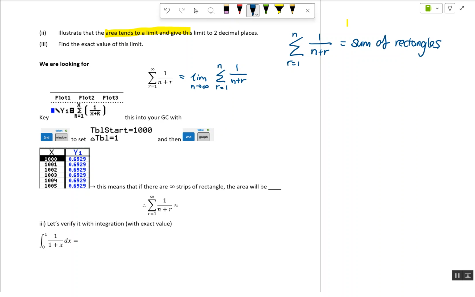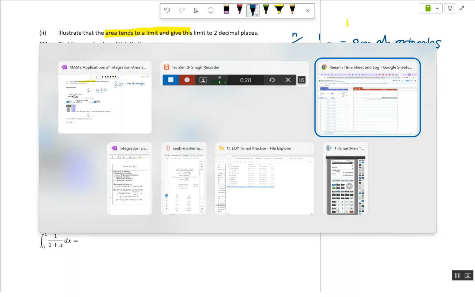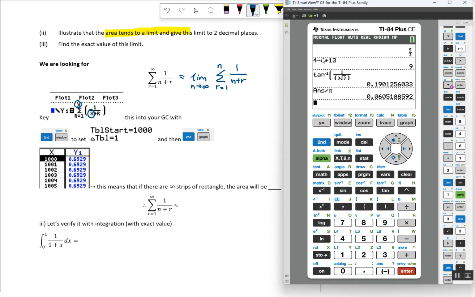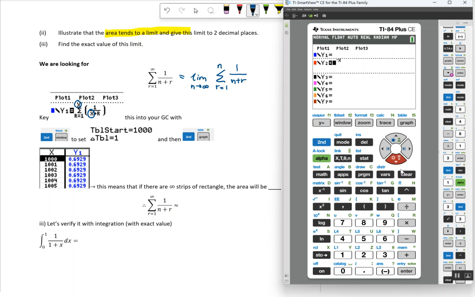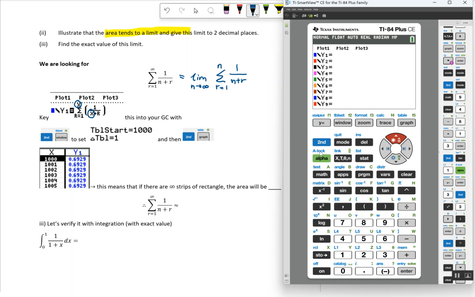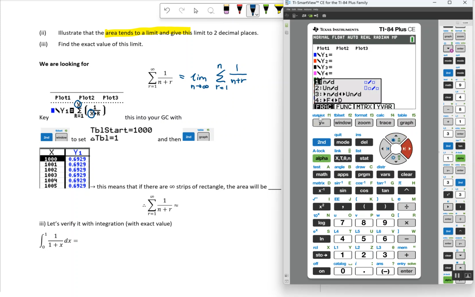Okay, so I'm going to put this into a calculator. I already show you the steps. Instead of having n, I put it as x. And how to get r in your GC? Look over here. You can go to the y equals plotting function. If you do not know, the summation is alpha y function.